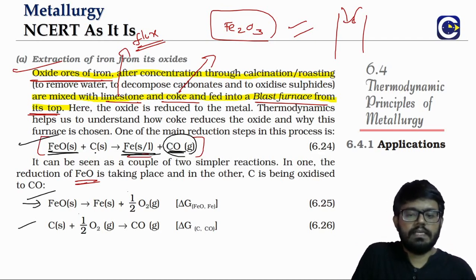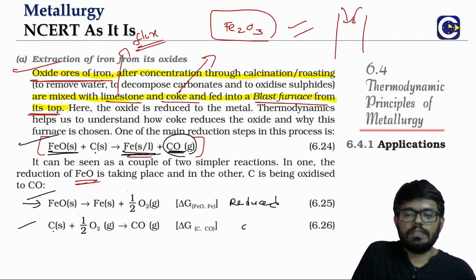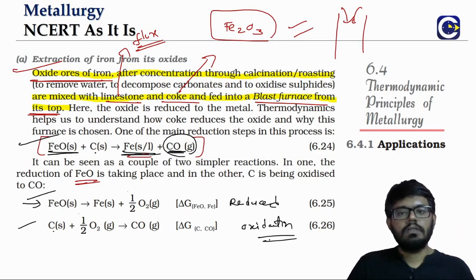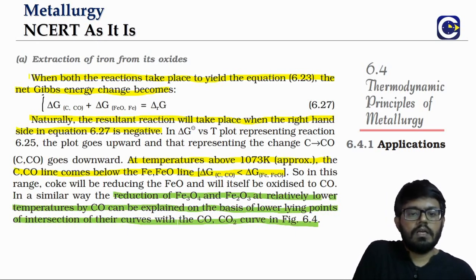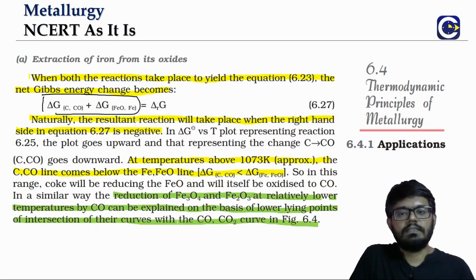The iron oxide gets reduced, and the coke is getting into its oxide form, which is oxidation. That is how it becomes redox. So the overall reaction is a combination of these two reactions. Now when we talk about thermodynamic feasibility, the overall delta G means we have to add the delta G values of both these steps.